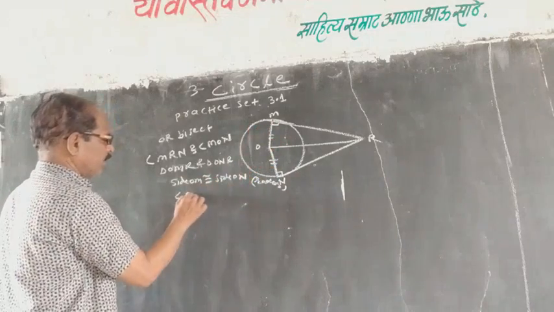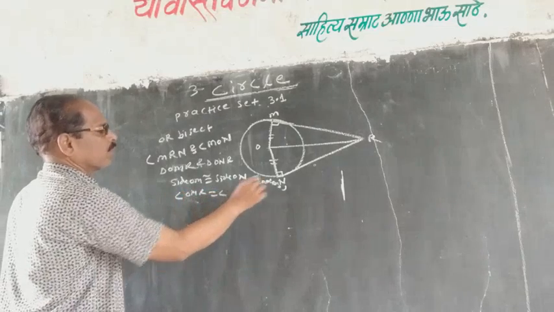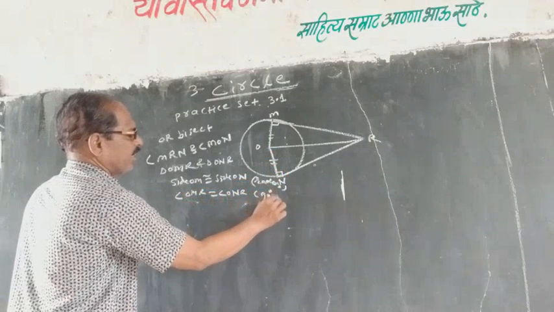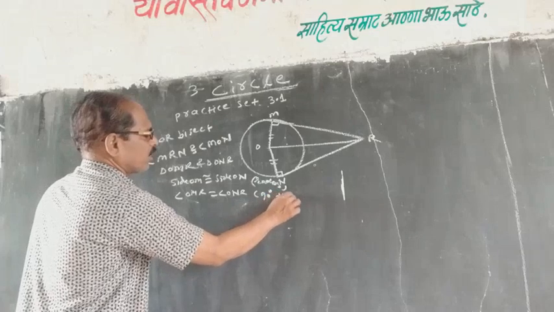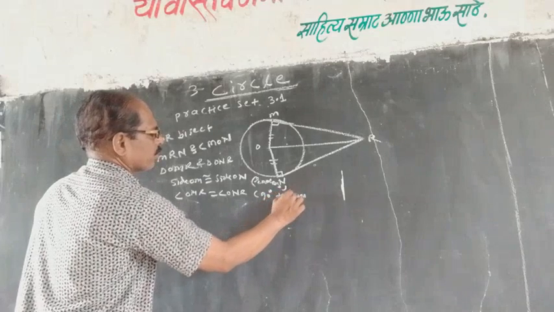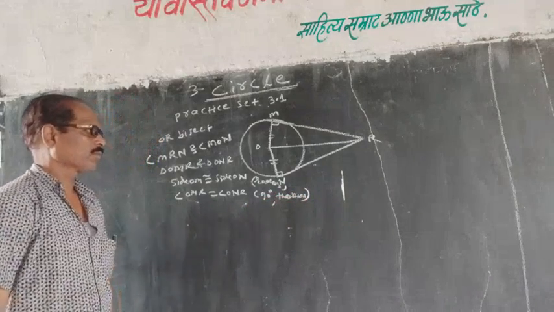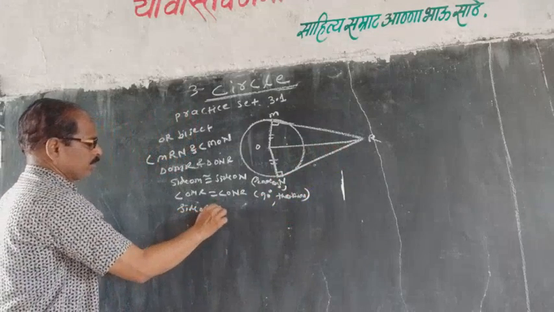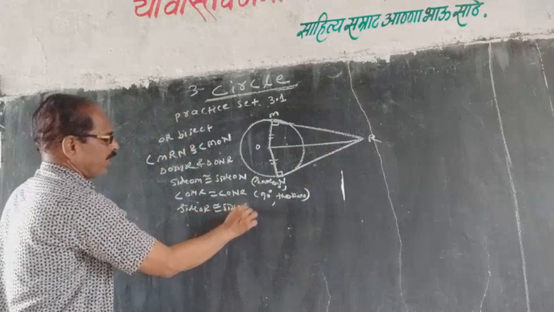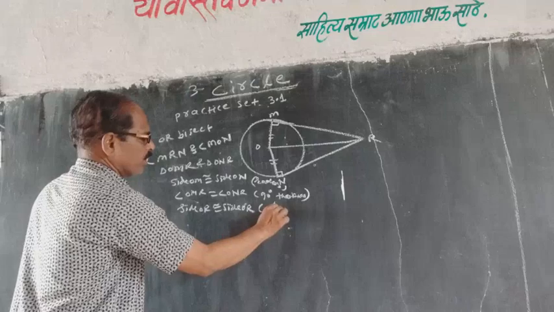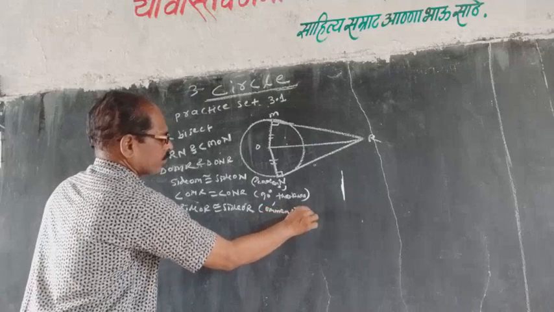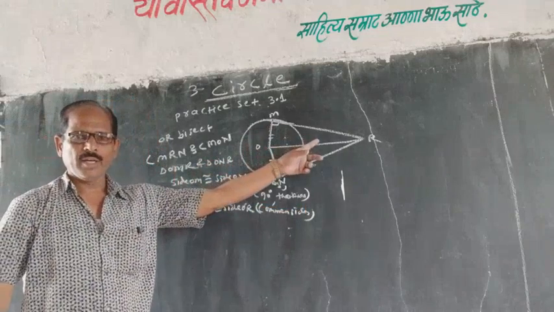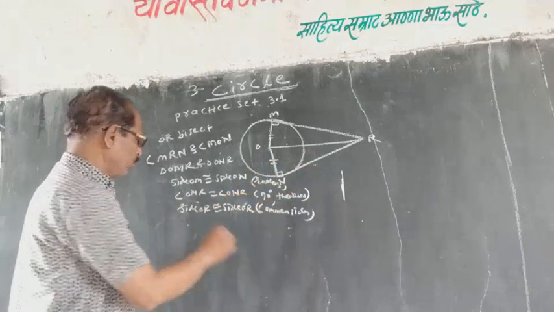Angle OMR is equal to angle ONR, 90 degrees, radius tangent theorem. Side OR is congruent to side OR, common side. Therefore, triangle OMR is congruent to triangle ONR.